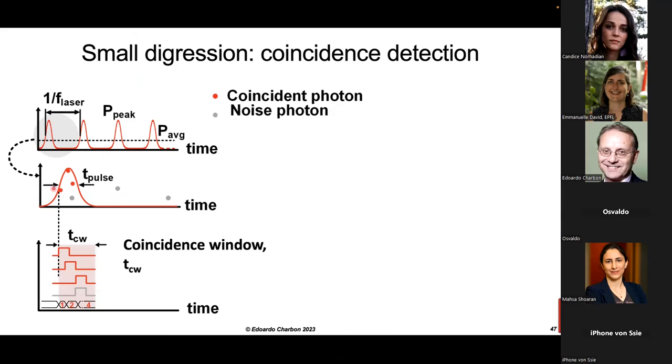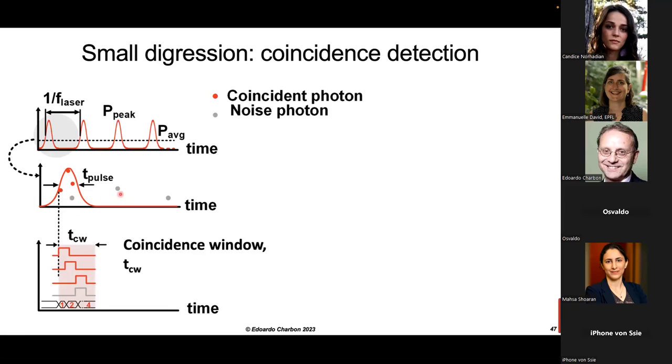And if one can somehow count these photons in a very short amount of time, then one can build a so-called coincidence window that will enable me to distinguish the photons emitted by the laser from the photons from the background.